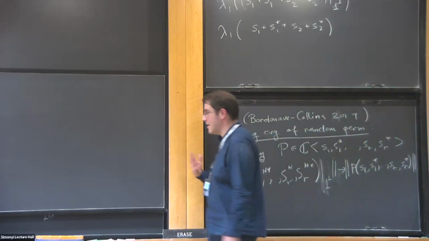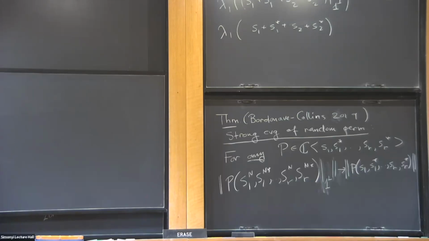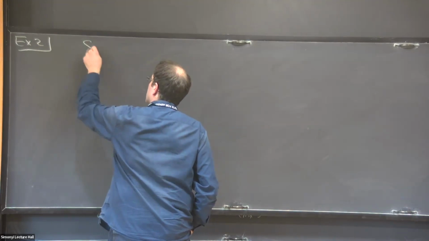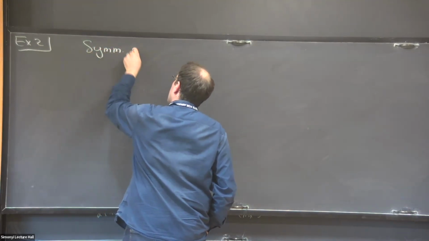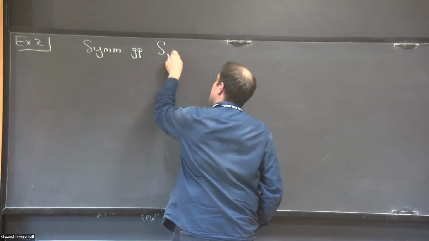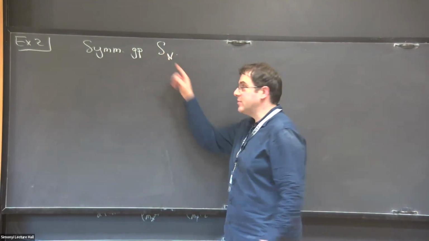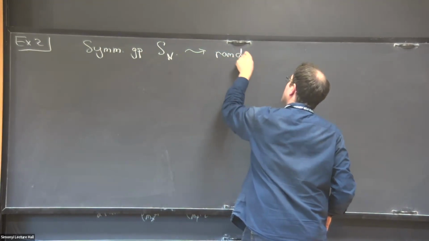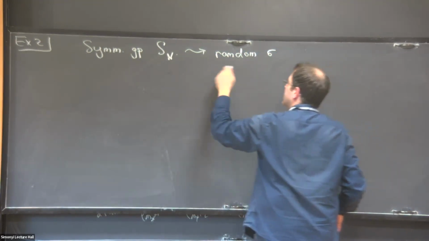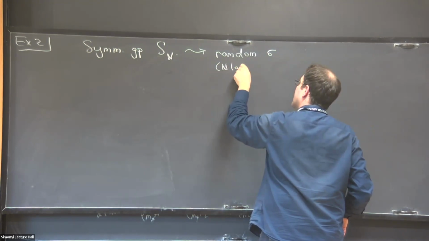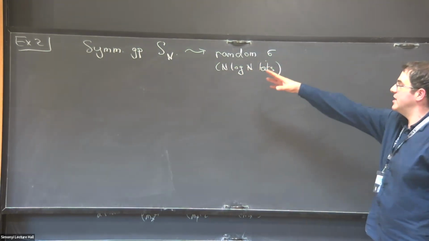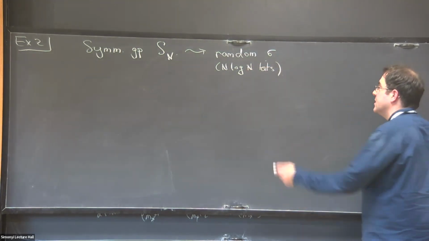So let me give you one example, and then I'll put this in the general frame. So one way, what I did over there: take the symmetric group S_n, the symmetric group on n elements. Draw a permutation uniformly at random. So I need n log n bits. Using that many bits, I can draw a random element from the symmetric group on n elements.